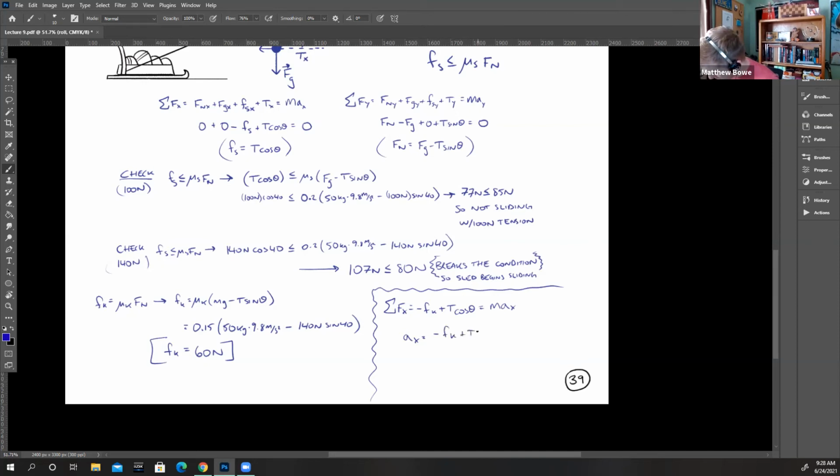Okay, plus t cosine theta, all of that over mass. And to save time, we know what all these values are. We get an acceleration of 0.94 meters per second squared.